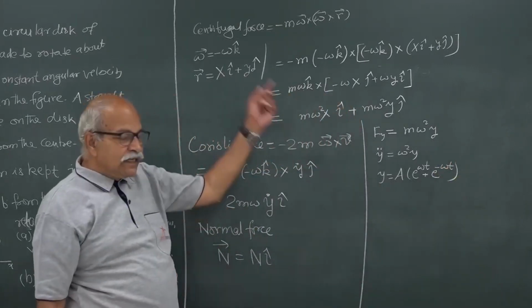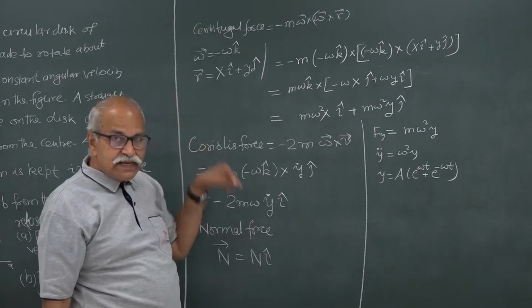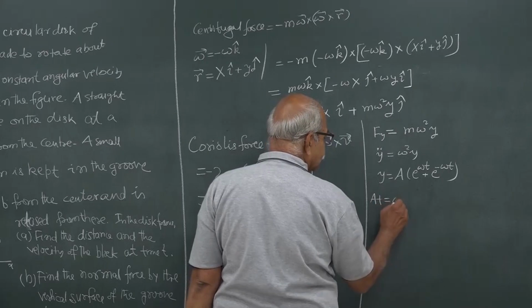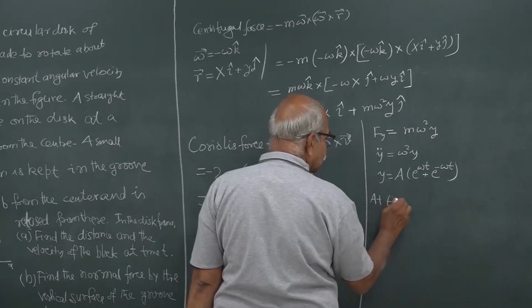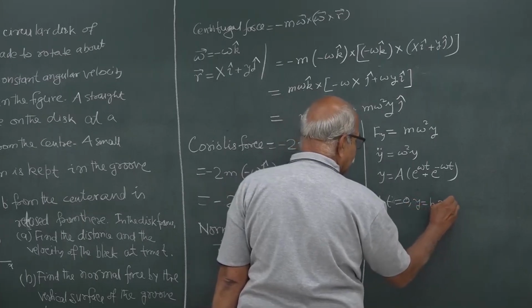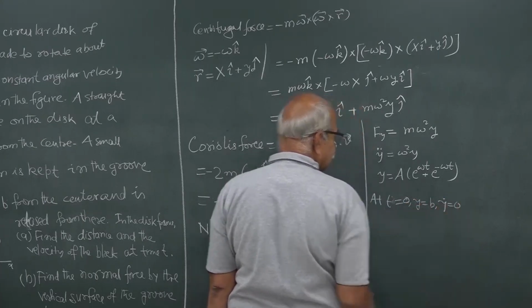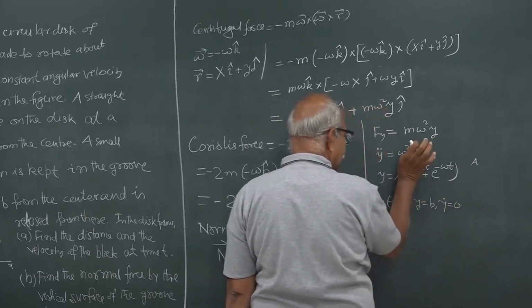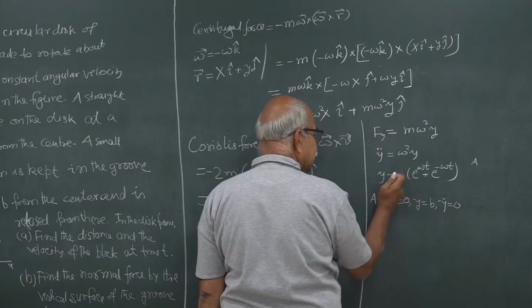Okay. Using the initial conditions. What are the initial conditions? At t equal to 0, y should be equal to b and y dot should be equal to 0, that is the condition. Our general solution is a e^(omega t) plus b e^(minus omega t), and this a I also know, this a is b by 2.